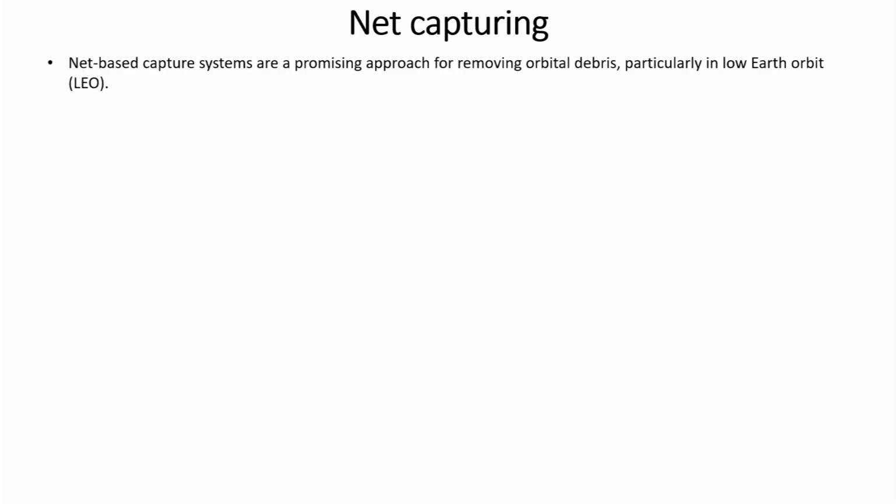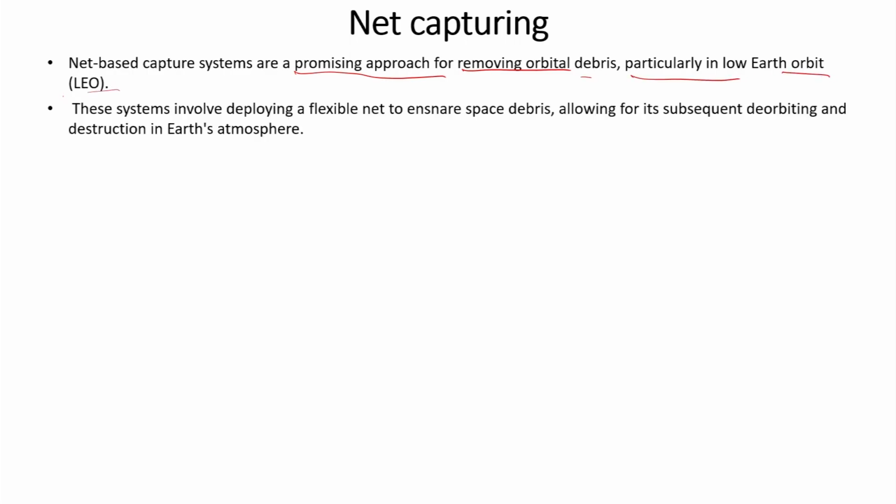Net capturing is a net-based capture system, and it is a promising approach for removing orbital debris, particularly in low Earth orbit, LEO. These systems involve a deployable, flexible net to ensnare the space debris, allowing for its subsequent deorbiting and destruction in Earth's atmosphere.